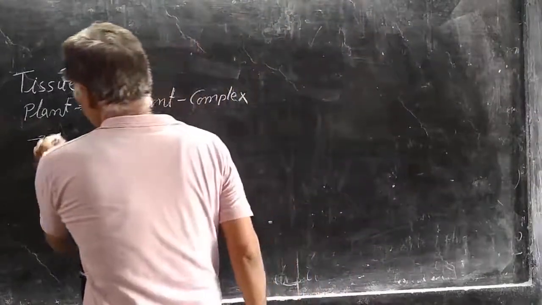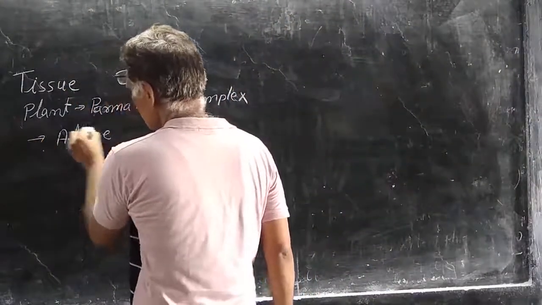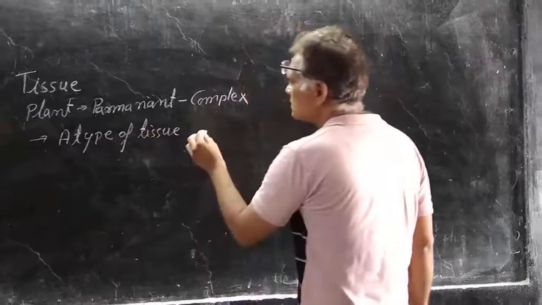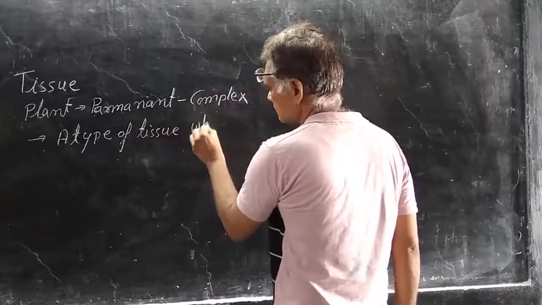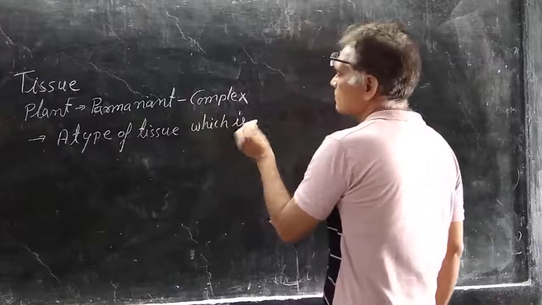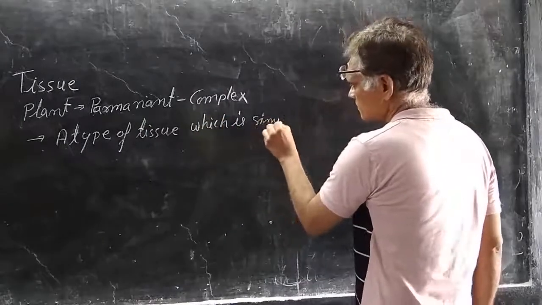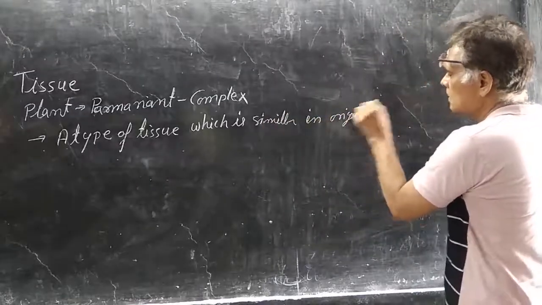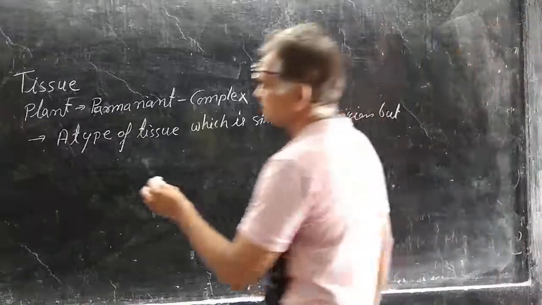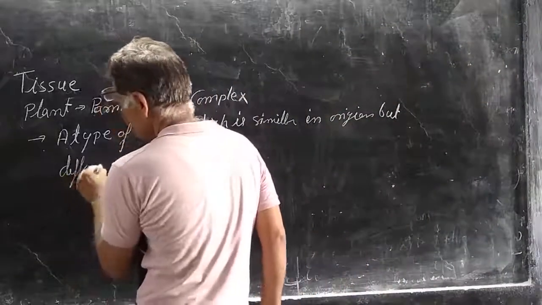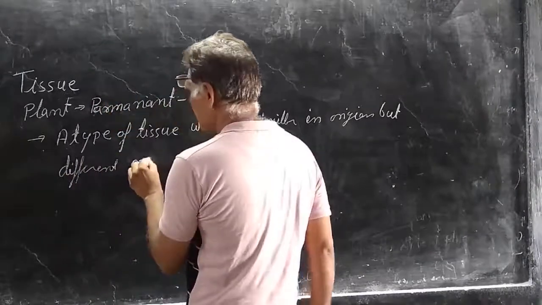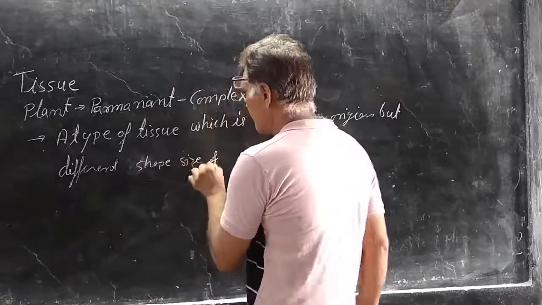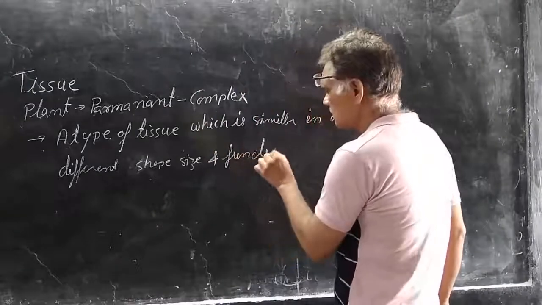Complex tissue is a type of tissue which is similar in origin but different in shape, size and function.